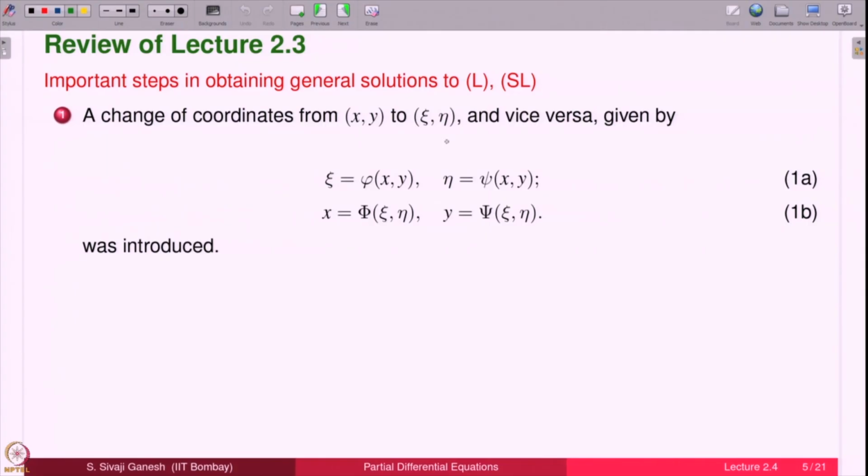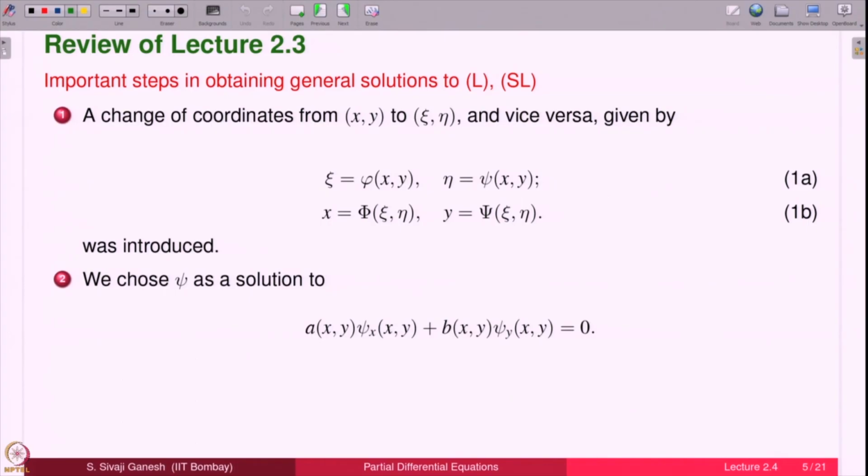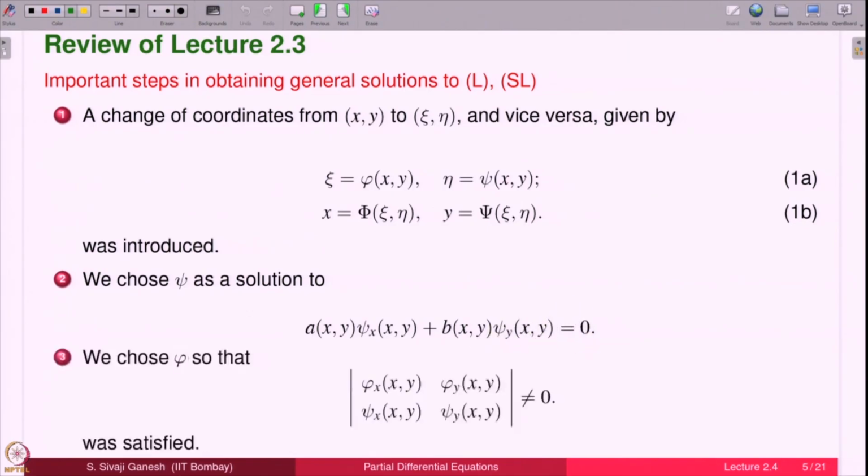Therefore, there is a change of coordinates in the background. Remember, change of coordinates works in the xy plane, that is in Omega 2, some subset of Omega 2, there we have both (x,y) and (xi, eta) coordinates. And then we chose psi to be a solution of this linear homogeneous PDE, and then we chose a phi such that this Jacobian is never 0.